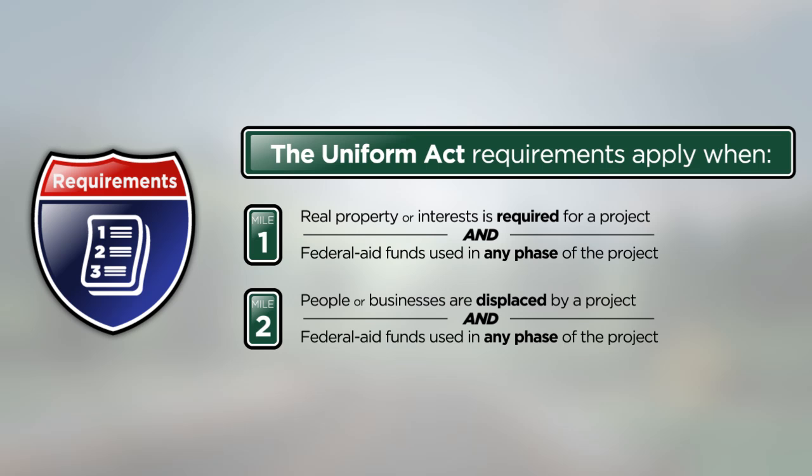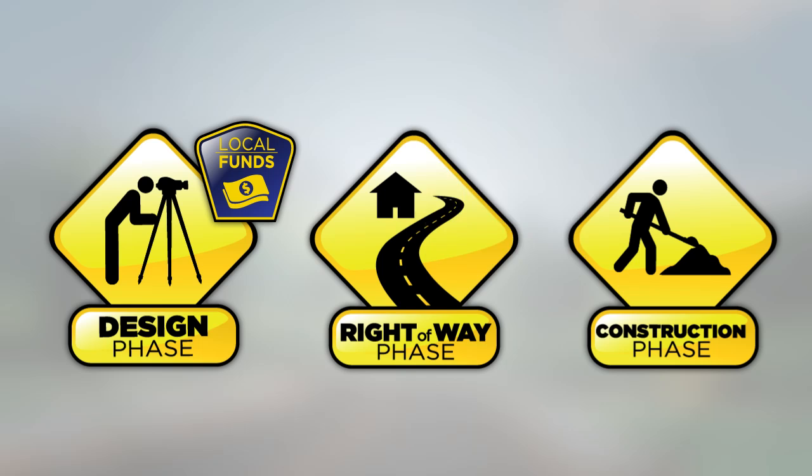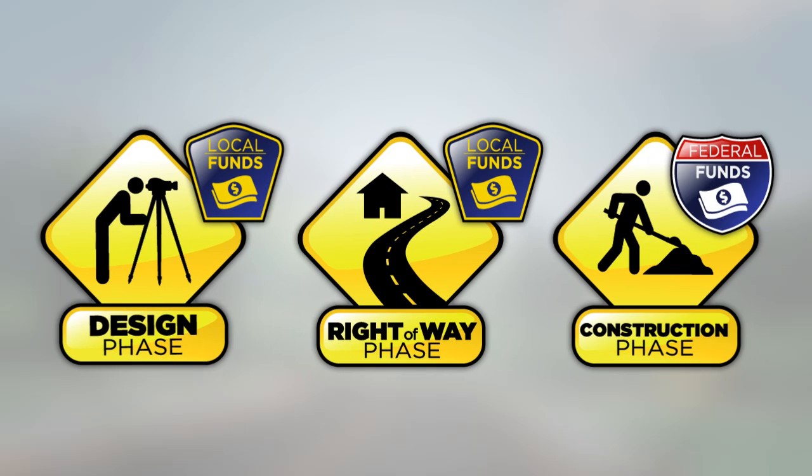These requirements must not be overlooked in a situation where a project does not use federal funding until the construction phase. For example, many agencies use local money to fund the design and right-of-way phases of a project. Upon reaching the construction phase of the project, a request for federal assistance is made. The project would be eligible for federal funds provided the agency complied with the requirements of the Uniform Act during the right-of-way phase of the project.